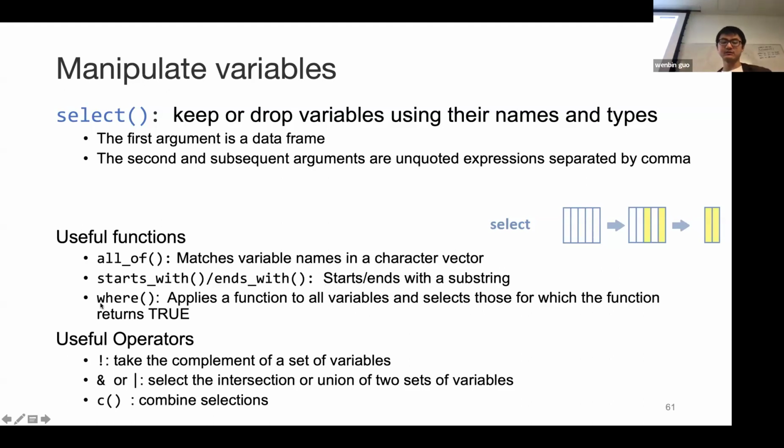And you can also use the where function. Basically, where does some kind of computing itself, returning whether each variable satisfies a condition or not. Eventually it will select the columns, the variables, whose value is true.